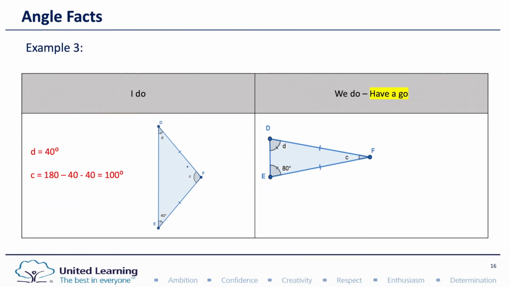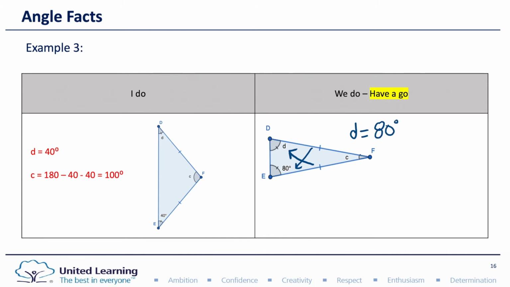So hopefully you had a good go at that. Let's see what the solution should be. Again, the isosceles triangle is what you would probably consider to be sideways since the base is over here. But nonetheless, we know that the angles across from the congruent sides are the same. So in this case, D equals 80 degrees.